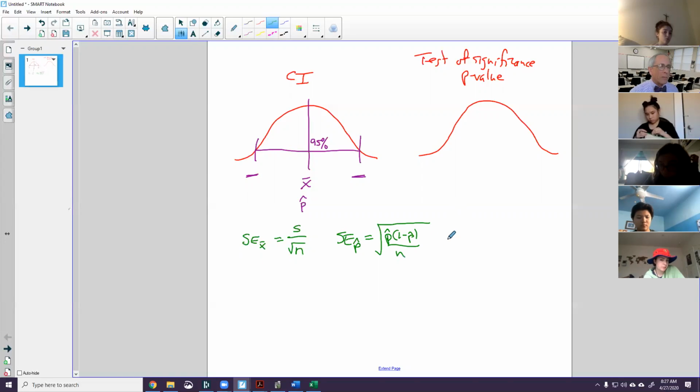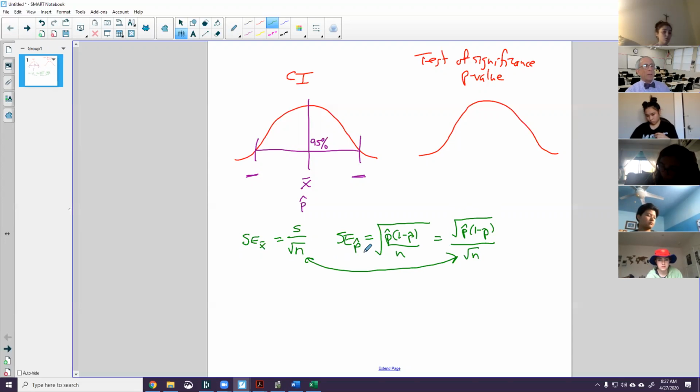Interestingly, this is the same thing mathematically as the square root of p hat times 1 minus p hat, over the square root of n. So in both instances, for means and proportions, quantitative variables and categorical variables, we are dividing by the square root of the sample size. That is consistent between both of these approaches.